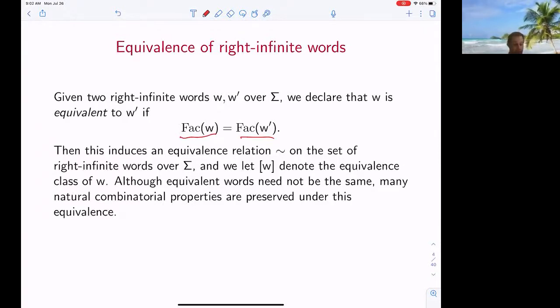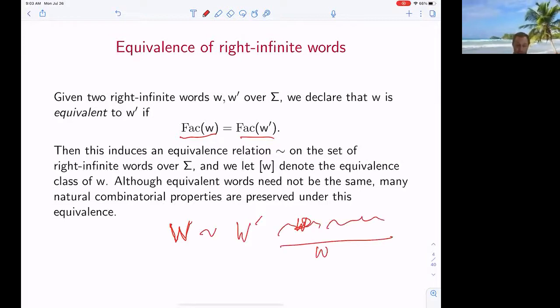For instance, if you have a recurrent word or a uniformly recurrent word, a word where the factors recur infinitely often, then you can truncate, you can remove a prefix, and it will still be equivalent: W prime is W where you remove a prefix. If the word is recurrent or uniformly recurrent, you'll always get an equivalence like this. So it's a very coarse equivalence, but we're going to look at this.